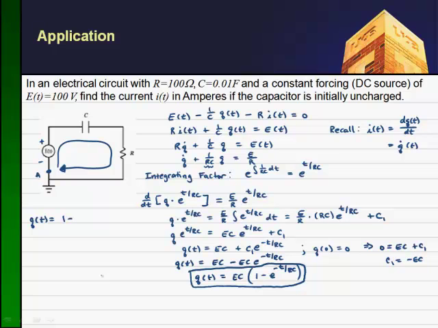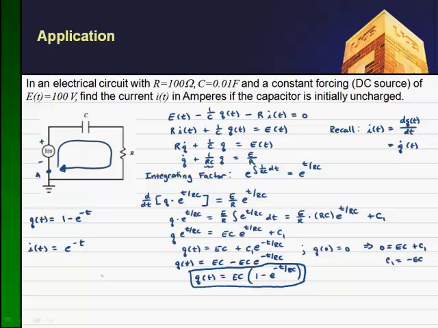So I really just get 1 minus e to the minus t. And I wanted to find the current, so recall that the current is the rate of change of charge. So I get I of t is equal to, if I take the derivative, I just get e to the minus t. Okay, and that sort of makes sense.